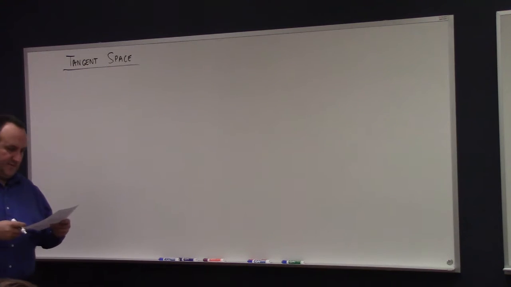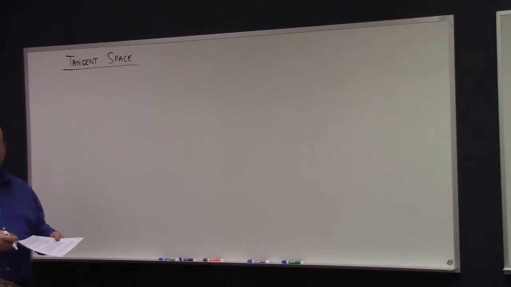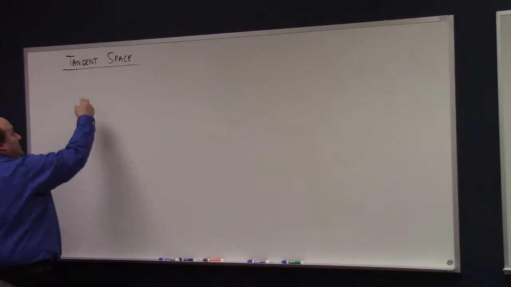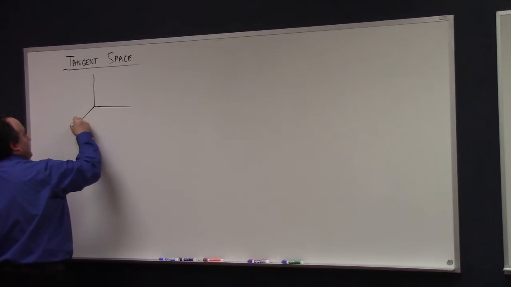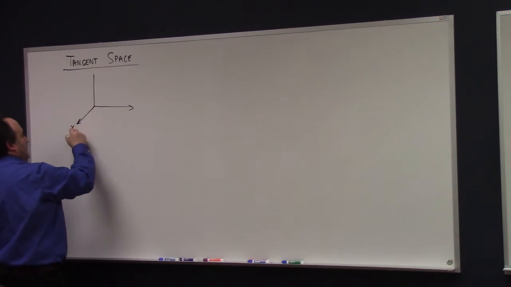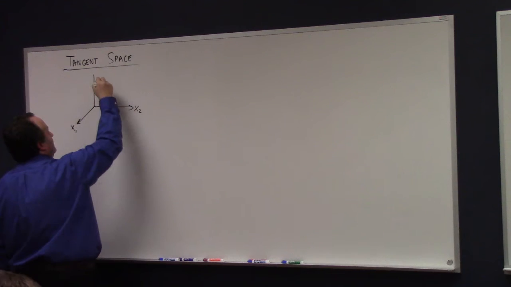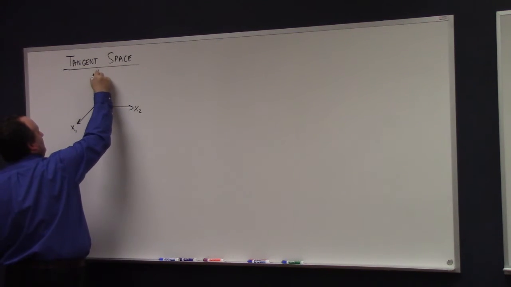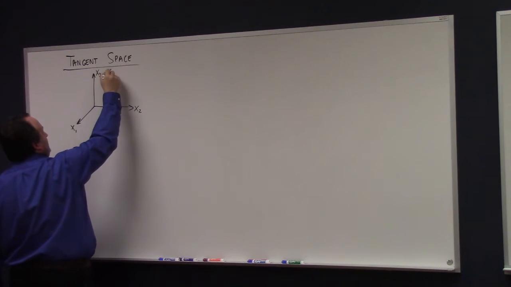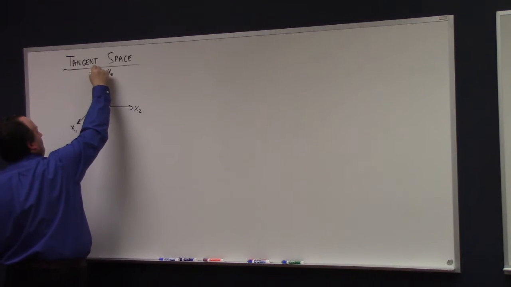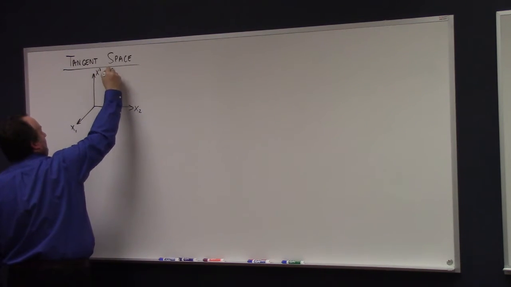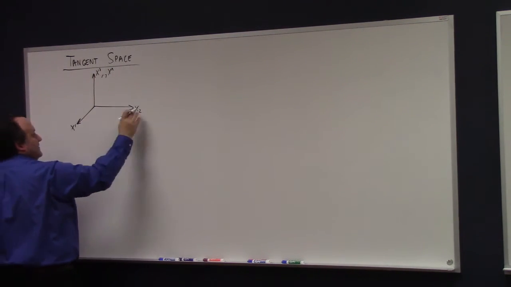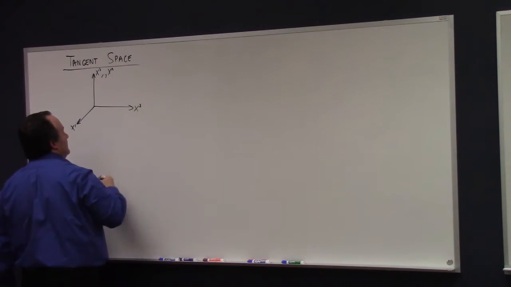He begins by just talking about geometric tangent vectors, all right? So in other words, if you can picture x1, x2, x3, up to xn. I've got to get my indices up here.